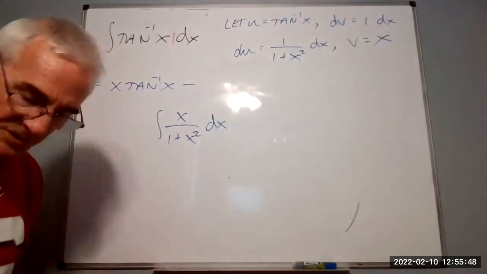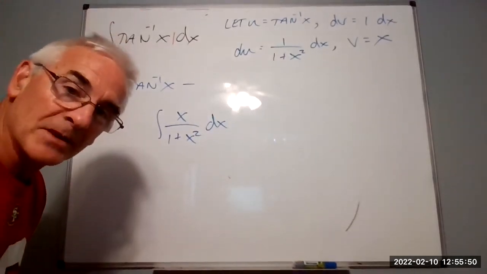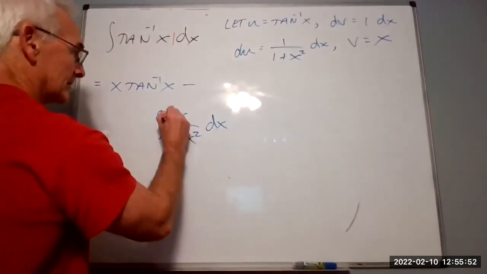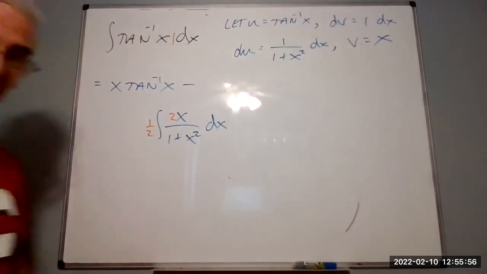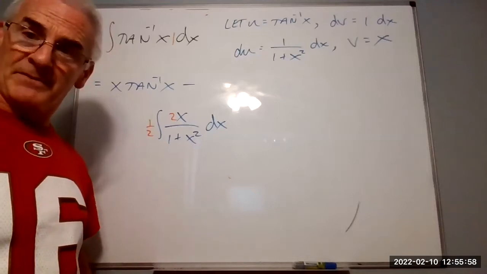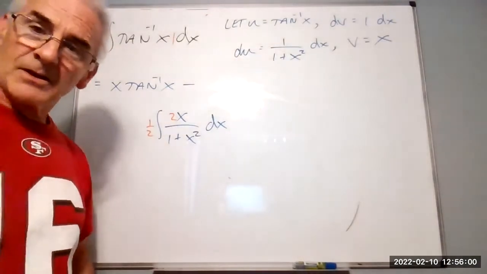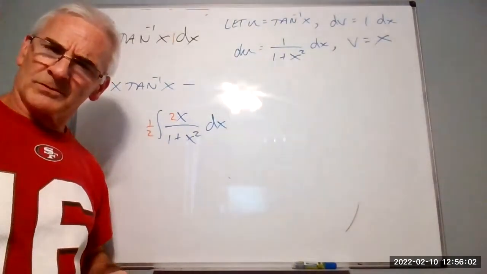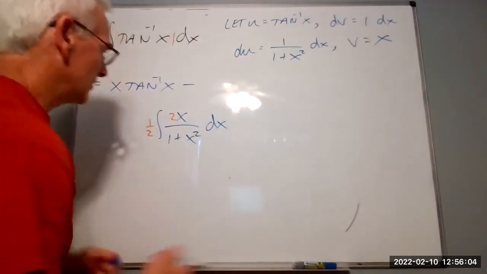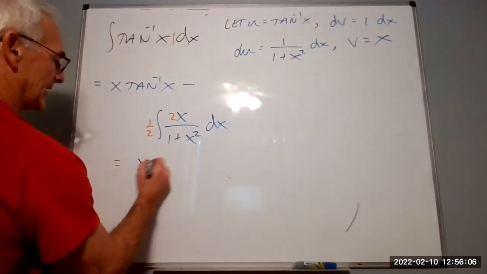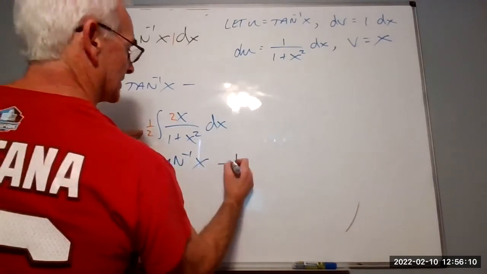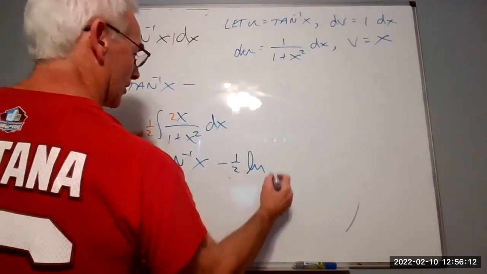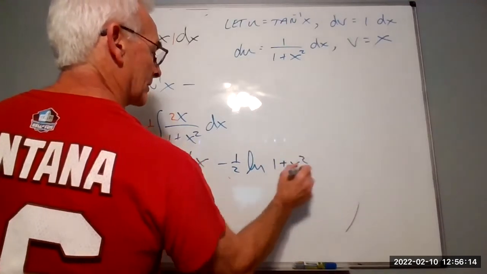So if my u is 1 plus x squared, then my du is 2x. So not only is that legal, can I give the antiderivative of that without doing any work? What's the integral of 1 over u? Isn't it log u? So my answer is x inverse tan x minus 1/2 log 1 plus x squared.